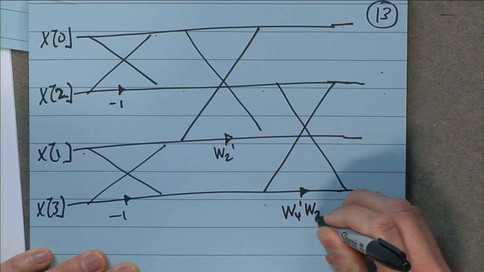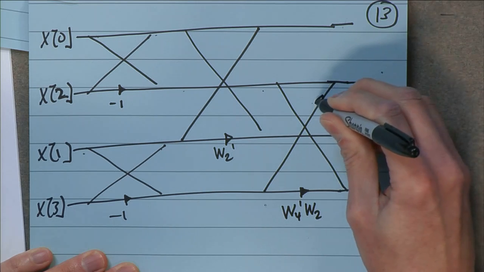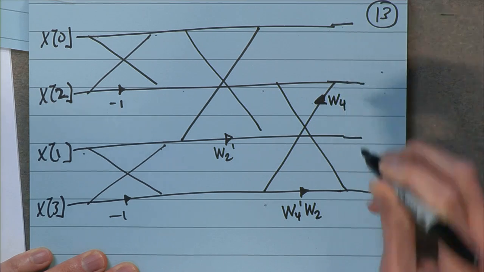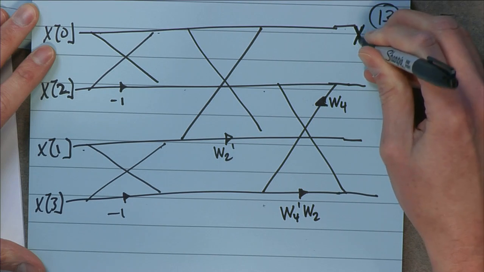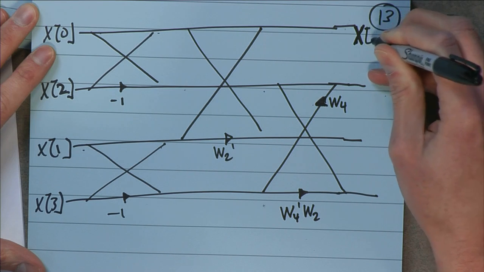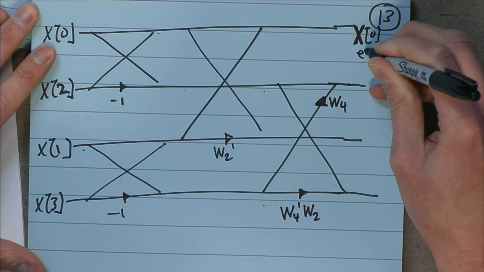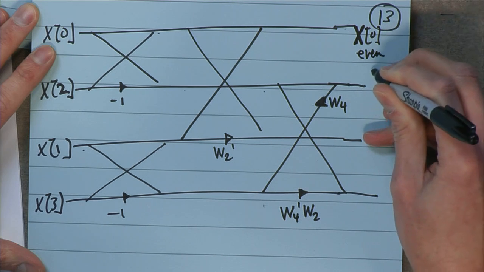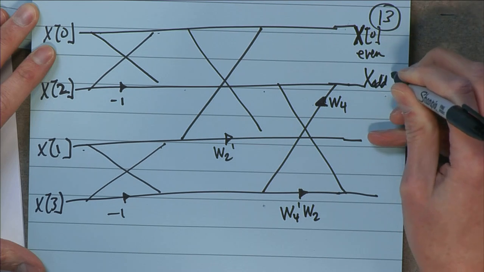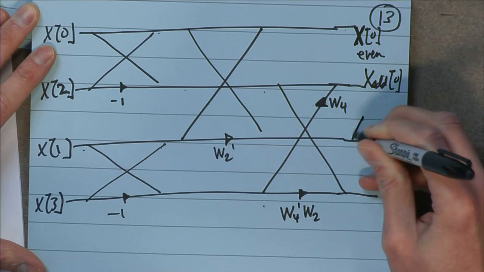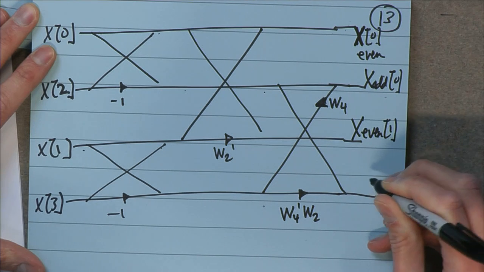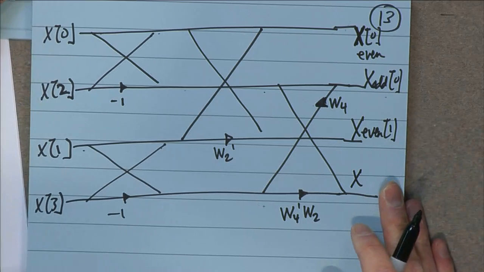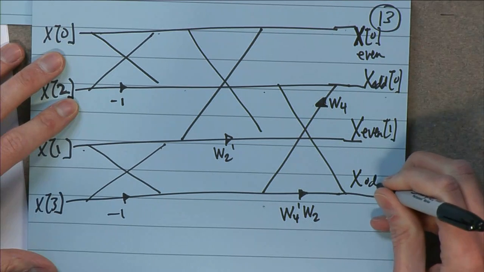W4, W2, and then our final W4 here. Now I swapped this, so this is odd of 0, x even of 1, and finally x should be x odd of 1, and it is.